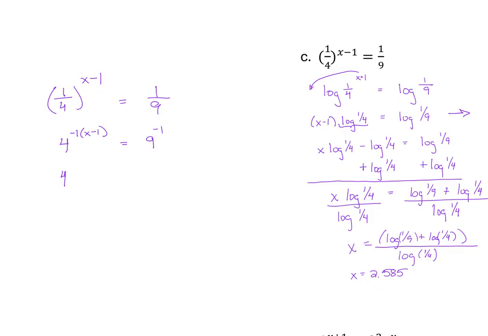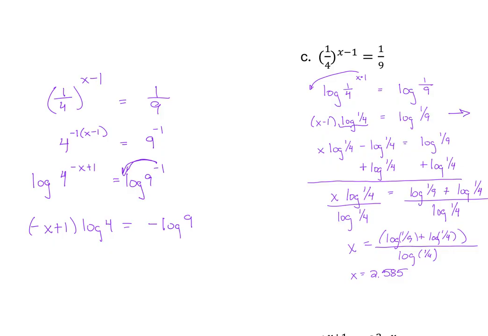So what we get is 4 to the negative x plus 1 equals 9 to the negative 1. And we can still take the logarithm of both sides. If we do this, we get negative x plus 1, and we do want that in parentheses, times log of 4. If you want, you can also move this negative 1 to the front because it is the exponent in a logarithm, and so we get negative log of 9.